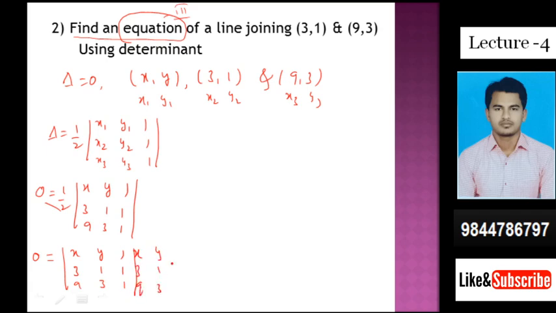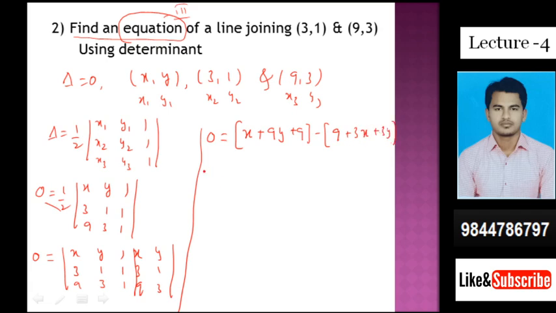Now 0 is equal to x plus 9y plus 9 minus of 9 plus 3x plus 3y. 0 is equal to x plus 9y plus 9 minus 9 minus 3x minus 3y.